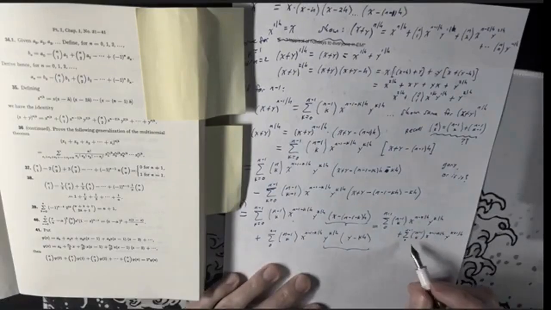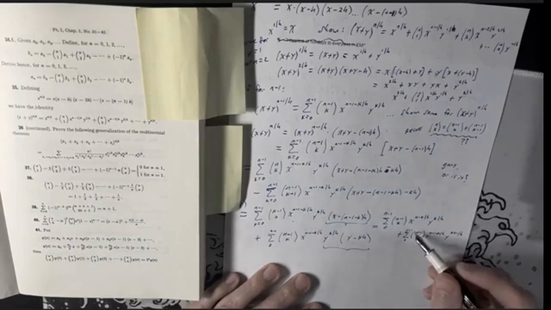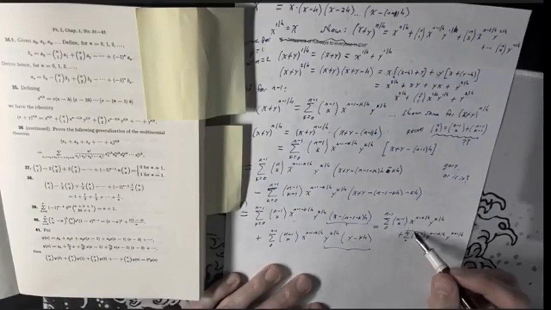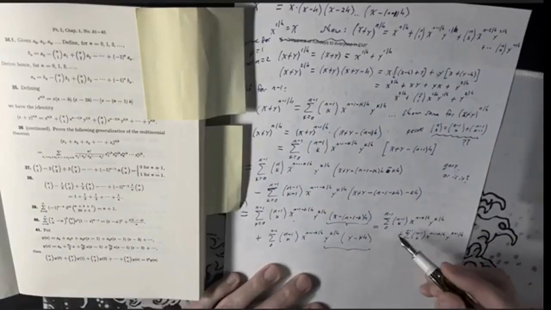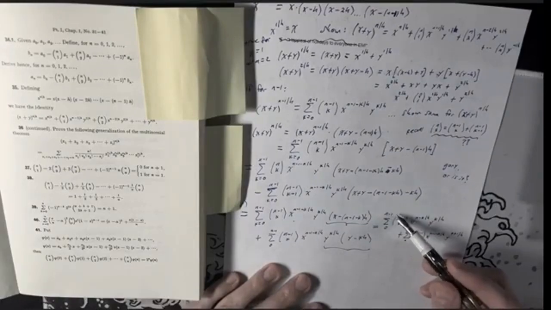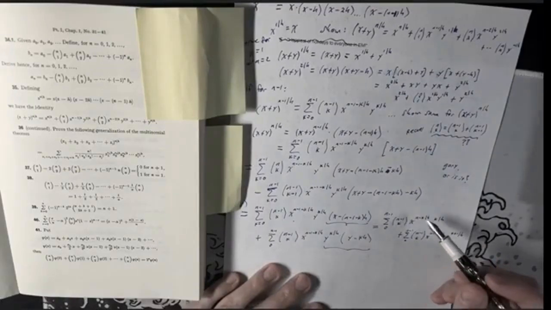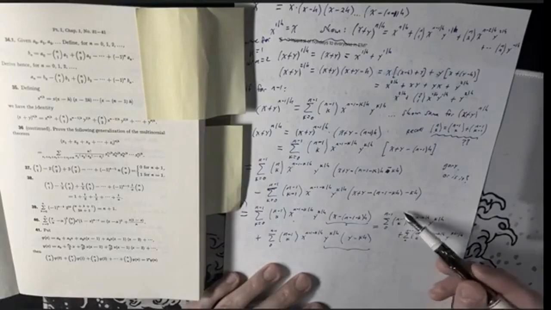But I just kind of wish it looked like that, right? So I almost want to get rid of this first term and see what happens. But then when I re-index, I lose this term. It feels like I'm going the wrong direction. Like, shouldn't I have an nth term?